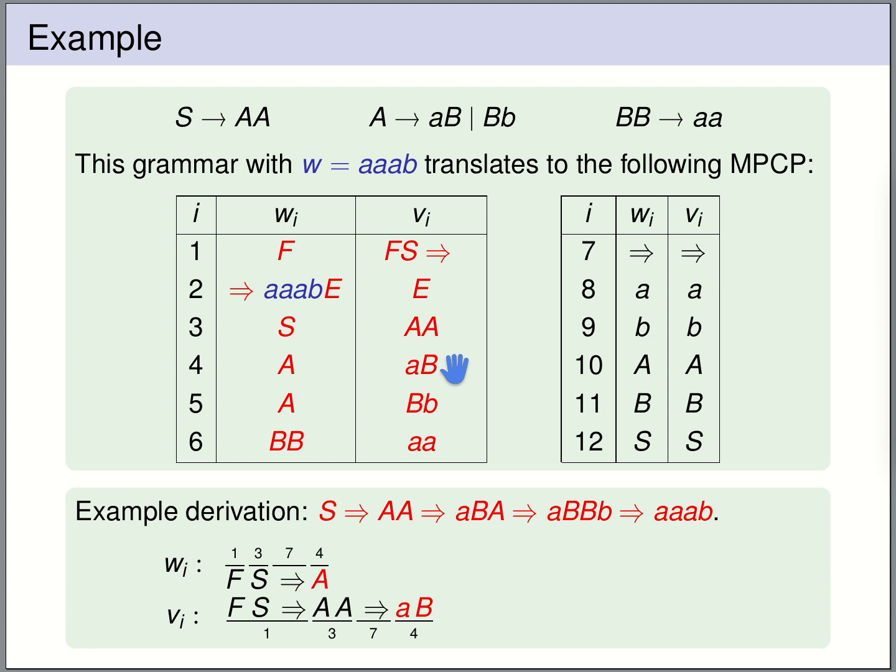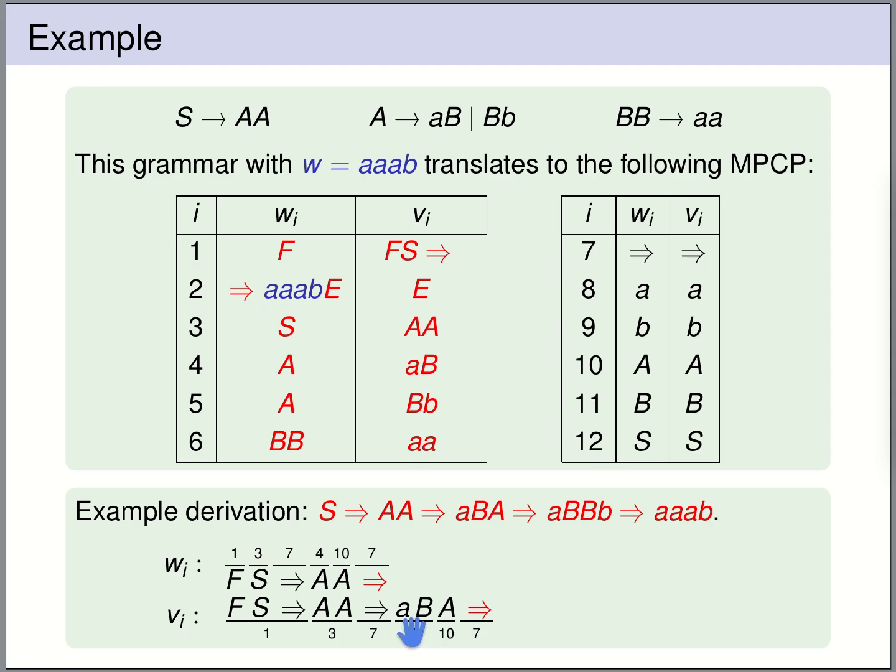So we are going to put an A on top and the terminal A variable B in the bottom. The second A has been left untouched, so we will do the same with the second A here. We will use pair number 10 to leave it the same. Now we have an arrow which we again copy using pair number 7.